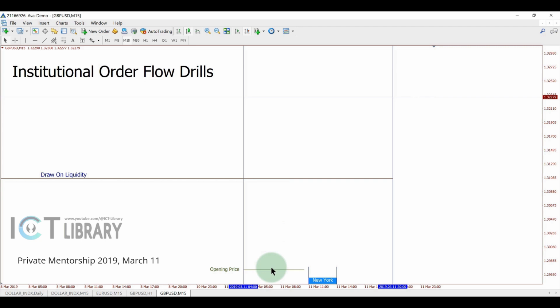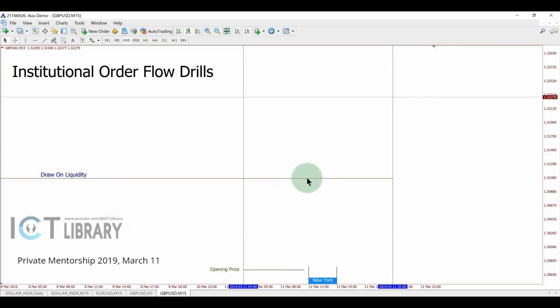So I'm seeing this in my mind before price trades there. I see it as it should reach up there, and as price is delivered all day long, I'm expecting it to get to that level and sweep above it, because what's above this level is the actual liquidity.